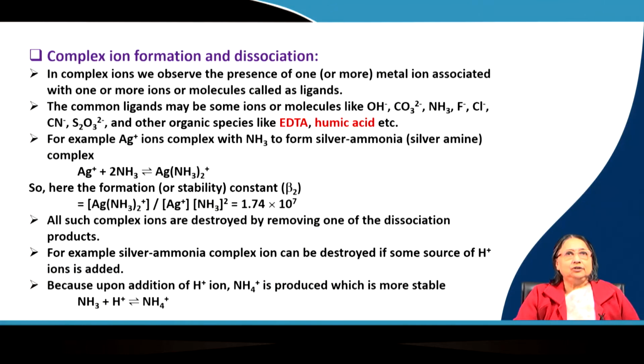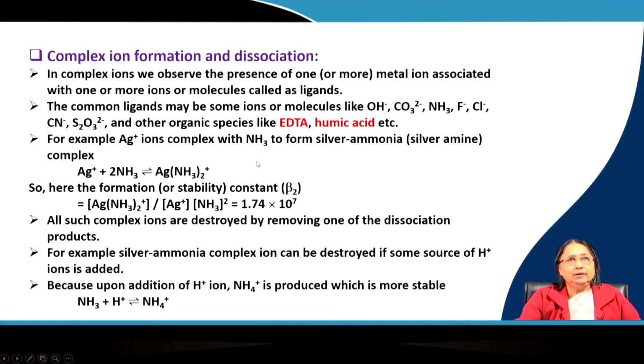Now, complex ion formation and dissociation. It is also very important to know about the complex ion: if some complex ion is formed, how we should write it and what we should consider. What is a complex ion? Consider, for example, this one, Ag(NH3)2 plus.